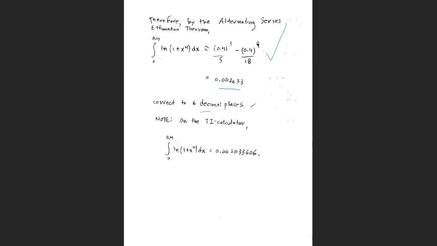And that should be correct to 6 decimal places. And if you work it out in Desmos or the TI calculator, let me just see one thing here. Yeah, you're going to have that kind of agreement.